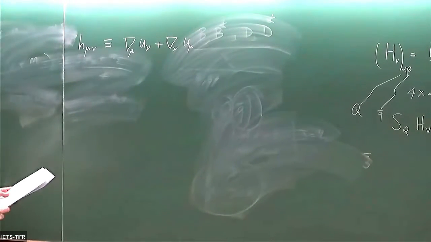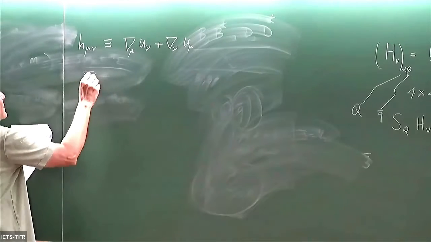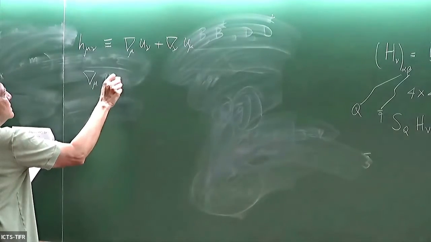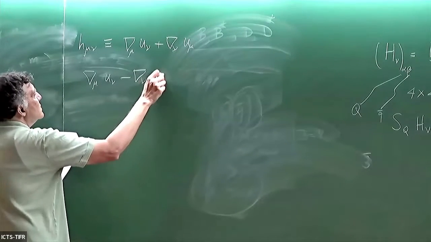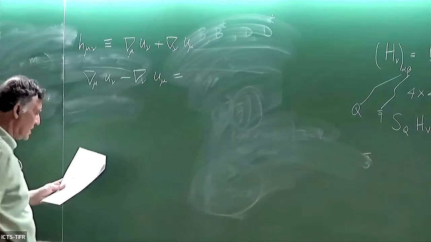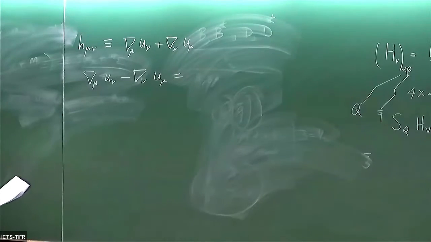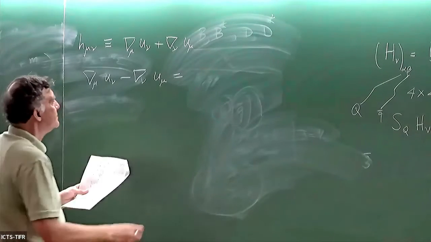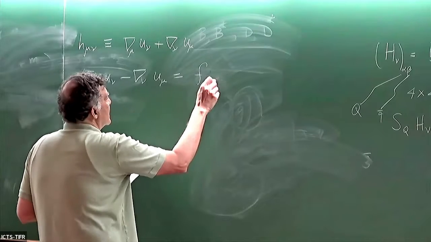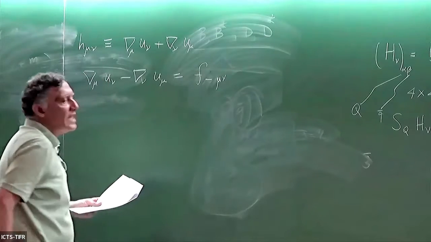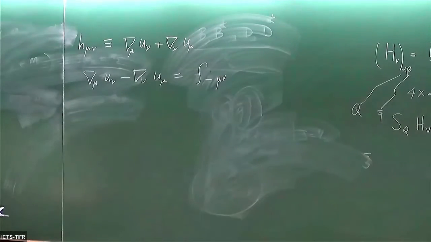And the reason for that is that if you calculate ∂_μ u_ν − ∂_ν u_μ, that is the antisymmetric combination, you can show, I didn't define this yet, but you can show that this is f_− μν.